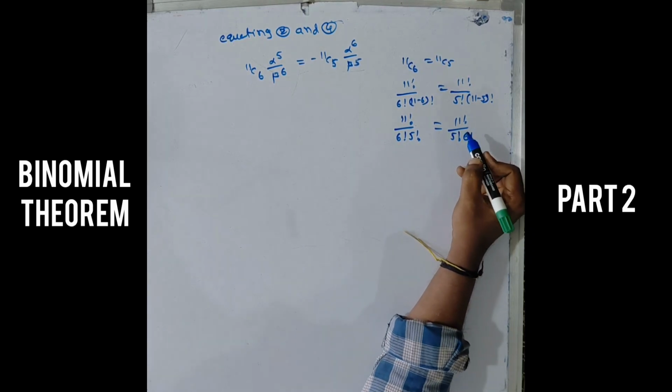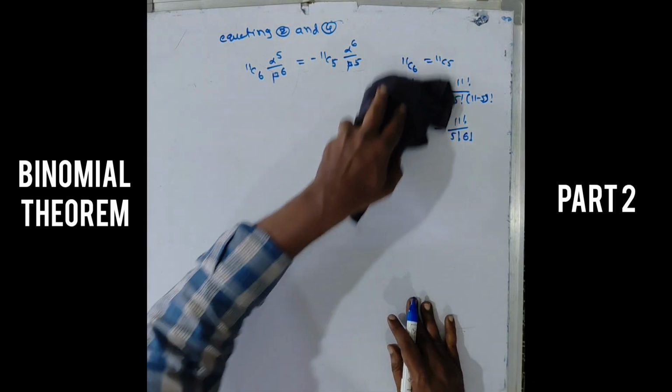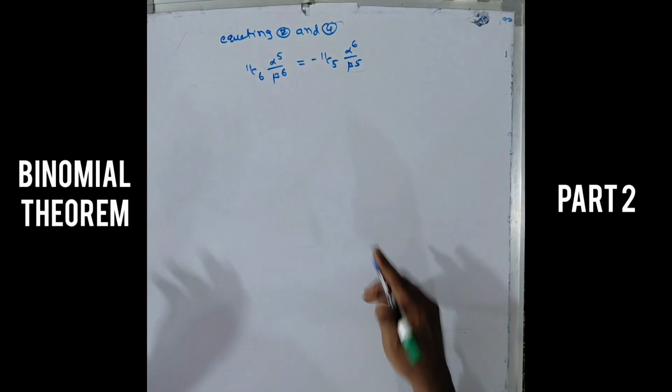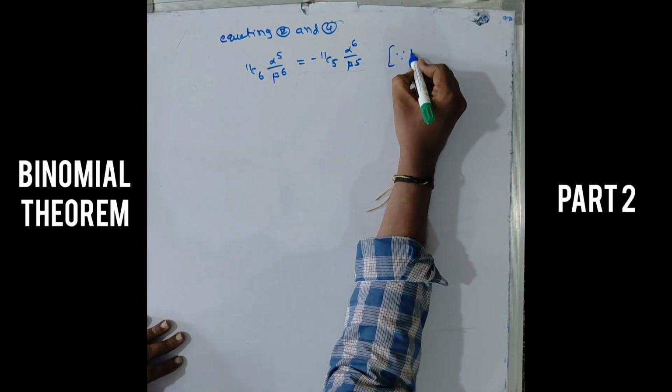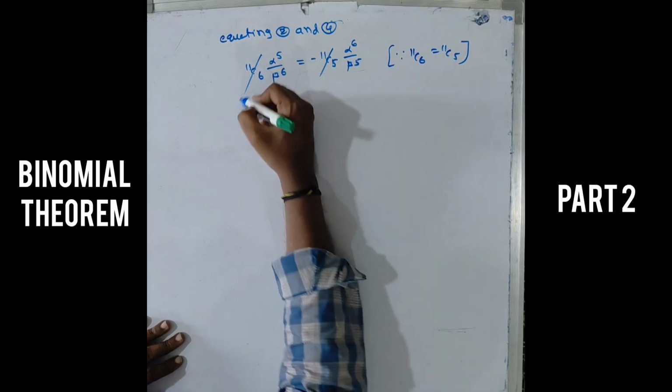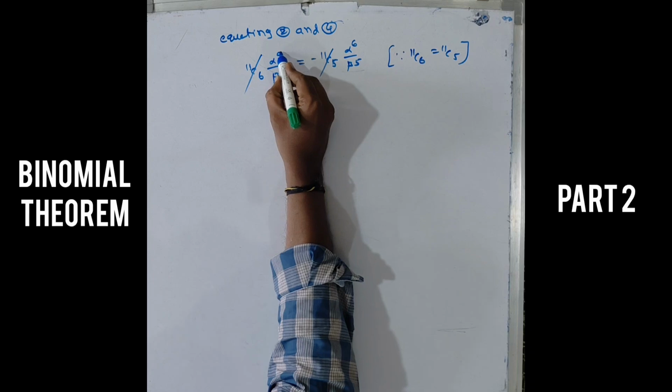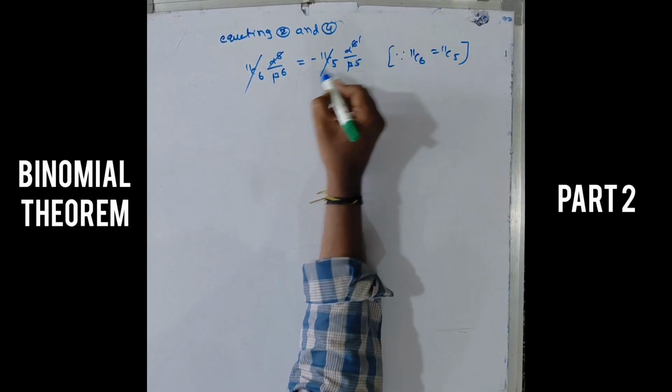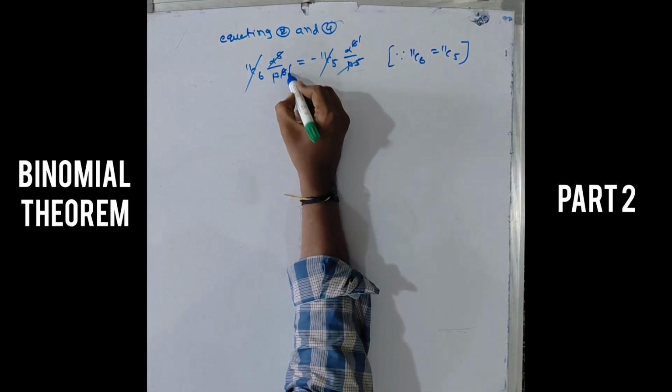Both are the same. Since 11C6 is equal to 11C5, these two terms are cancelled. Okay, after cancelling, you are having 1 time.